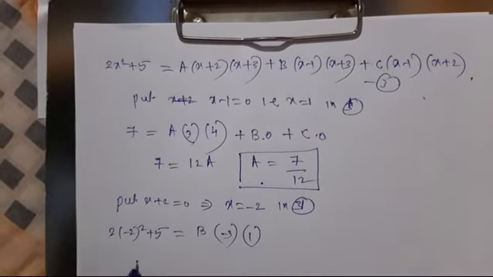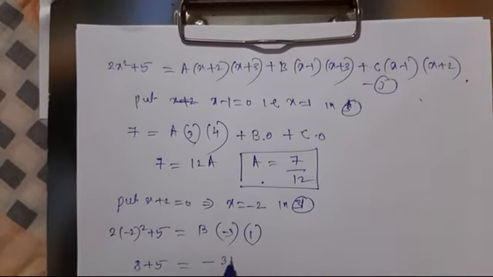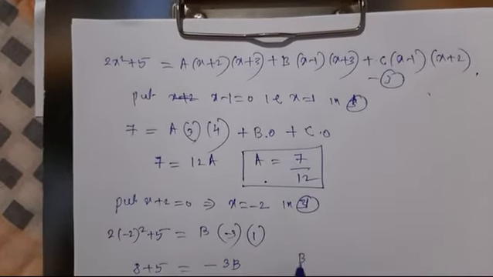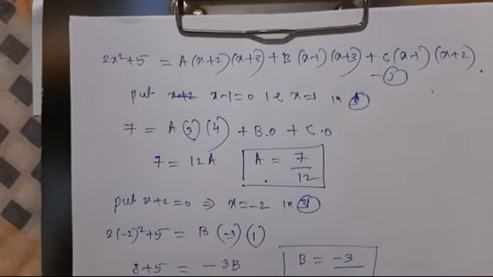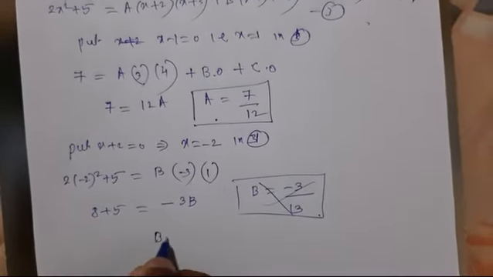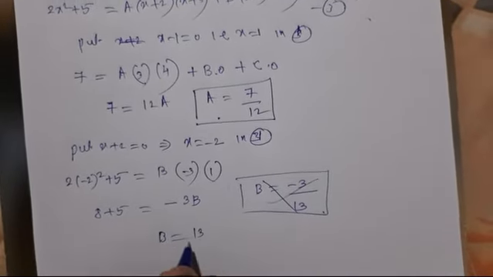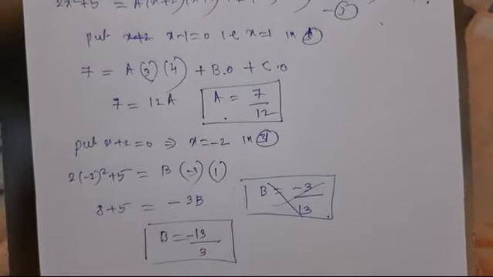So this is 8 plus 5 is equal to minus 3 into b. So I will get b equal to minus 13 upon 3.